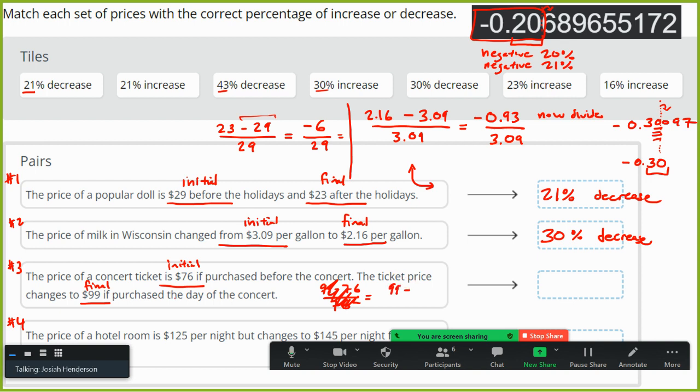Forgive me. 99 minus 76. Yeah, that's correct. Over initial. Okay, so 99 minus 76, then divide by 76. Do it with me. Check your work so we're all on the same page. And check my work as well. 23 on top over 76.